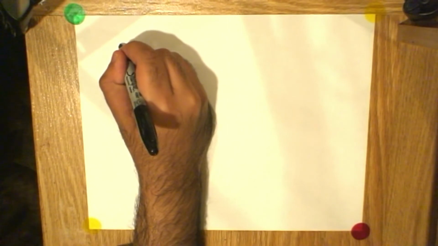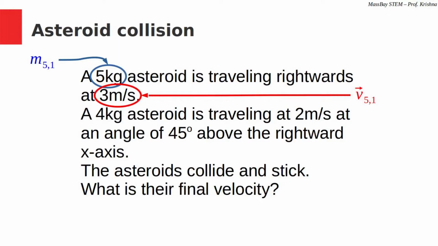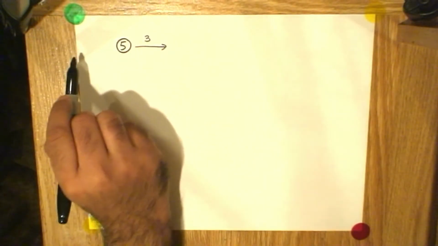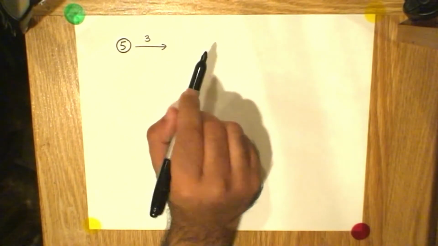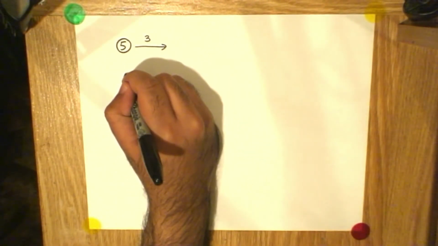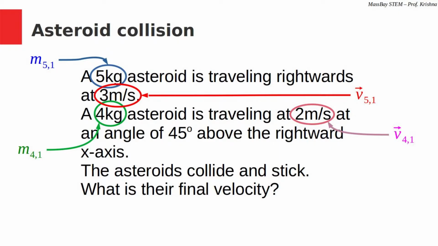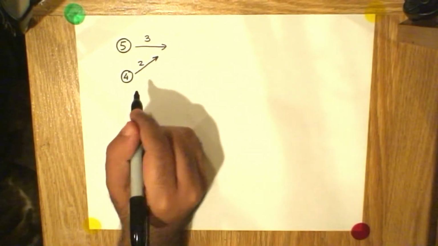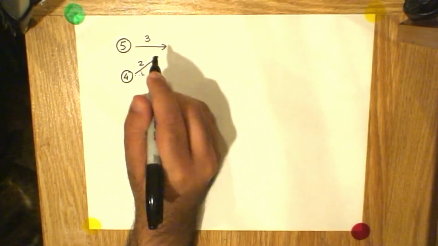In this case, we have a 5 kilogram asteroid that is moving at 3 meters per second in the rightward direction. And we also have a 4 kilogram asteroid which is moving at 2 meters per second at an angle of 45 degrees above the horizontal.